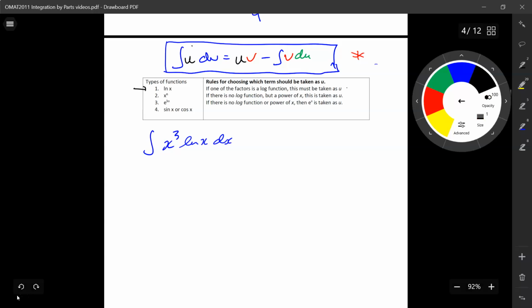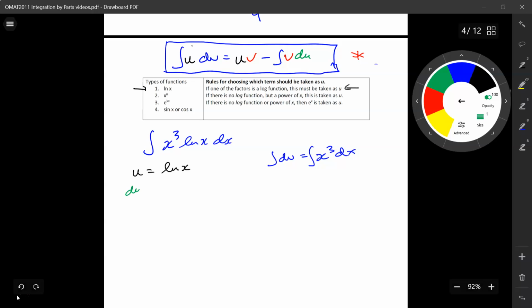It says if one of the factors is a log function, it must be taken as u. So u is equal to the log of x. That means dv is everything else. So it's x cubed dx, everything else up here in the original statement.